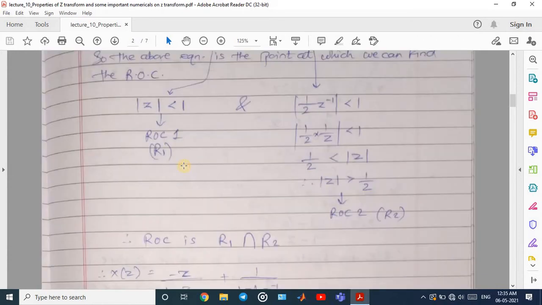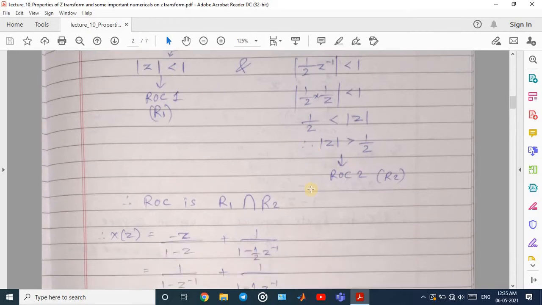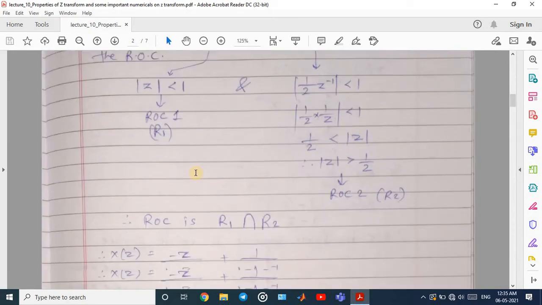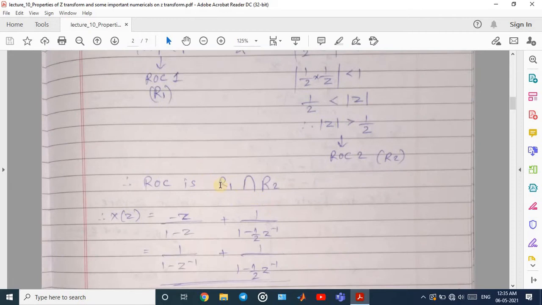So intersection is taken only when there are two greater than signs. If there is a less than sign, then the ROC will be in between the 2 points. So in this case the ROC will be in between half and less than 1. So this is the ROC.